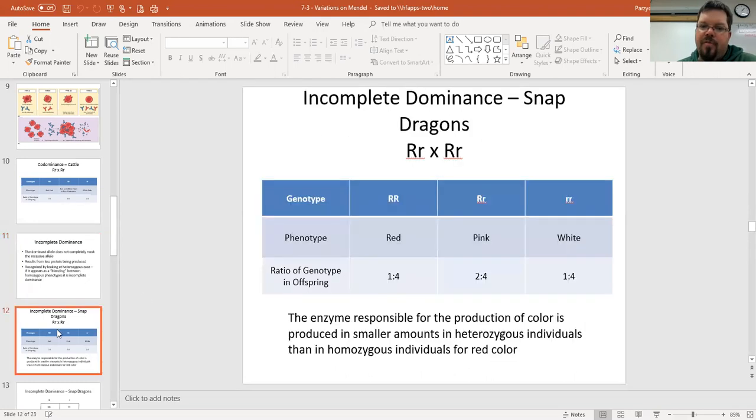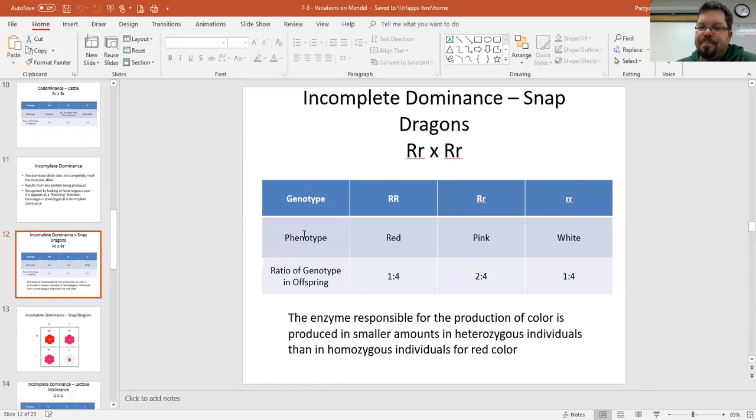A type of plant that will show this is the snapdragon. They're a type of flower. If the individual has both dominant alleles, the flower color would be red. If the individual has both recessive alleles, the flower color will be white.